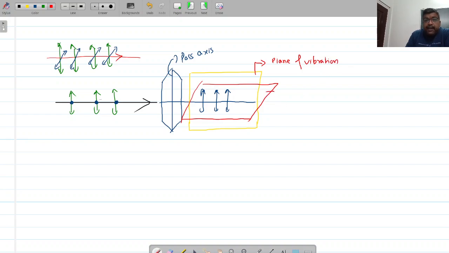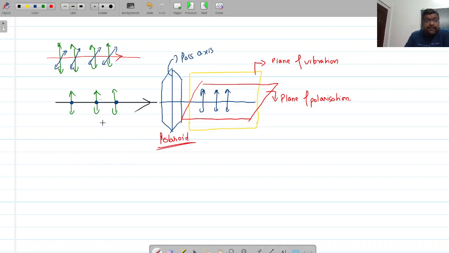And the plane in which the vibrations are missing is called the plane of polarization. So this is the Polaroid.